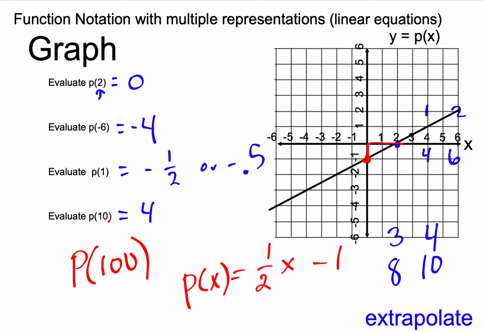And if we plug in 10, 1/2 times 10 is 5. And 5 minus 1 is 4, which is the correct answer there. By the way, P of 100 would be 1/2 of 100 minus 1, which ends up being 49. If you have to go way out there, it's probably better to create the equation, because the equation will take care of the patterns for you.